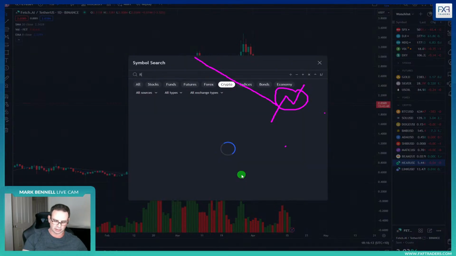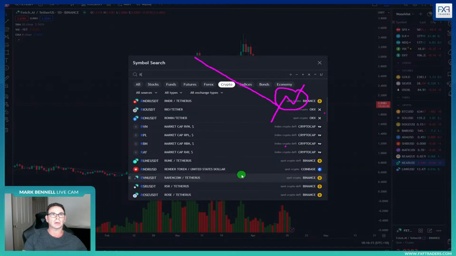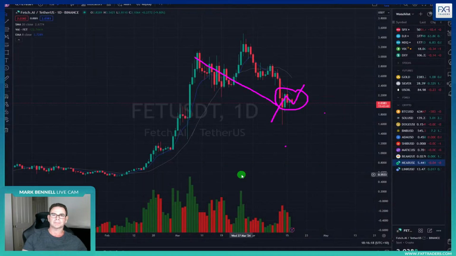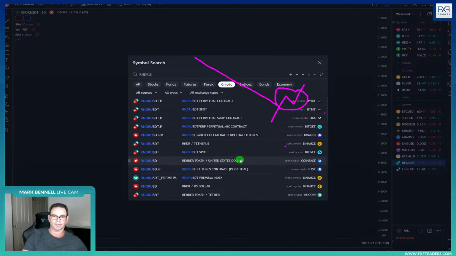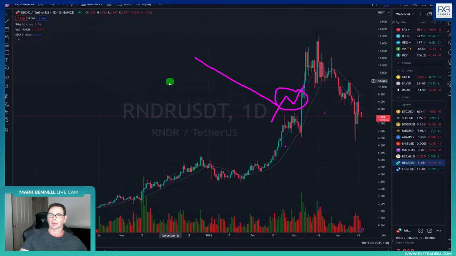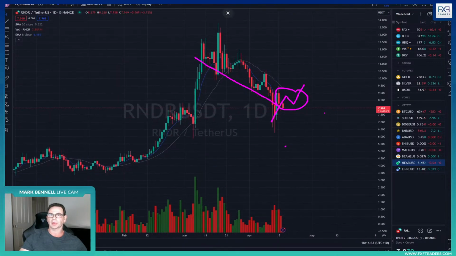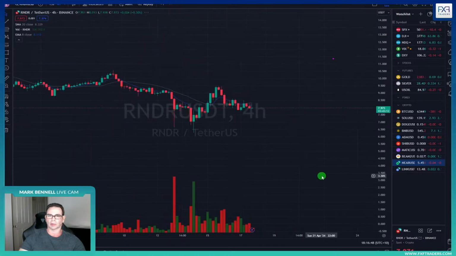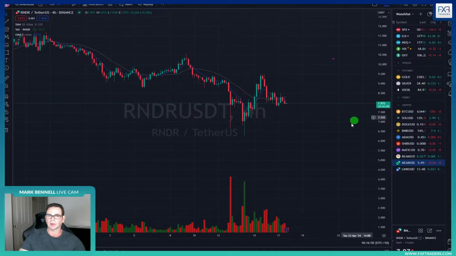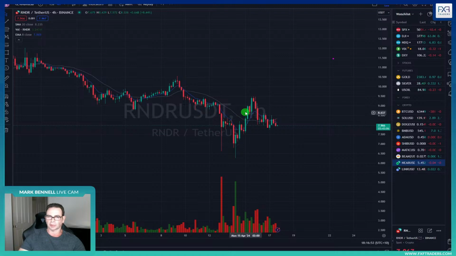FET, RNDR. All right, very similar. So they're all looking very similar. Look, a lot of volume through there. Same thing. Would want to see it in this region. These ones are all going to look very similar, as we said. 4 hour anchors here. So it's already in a 4 hour uptrend.